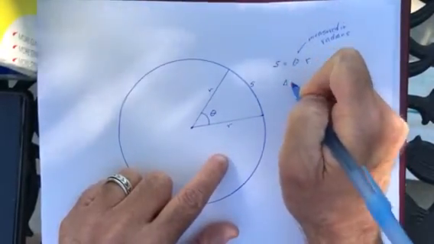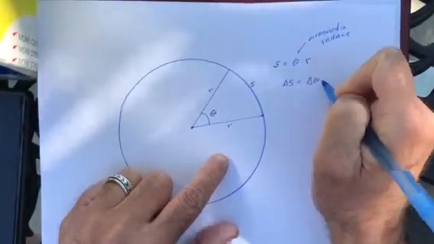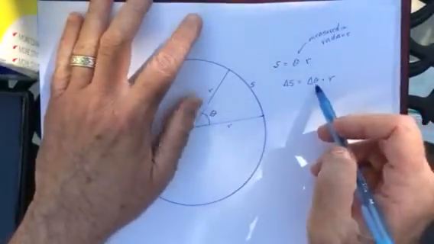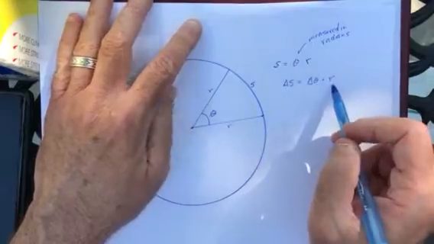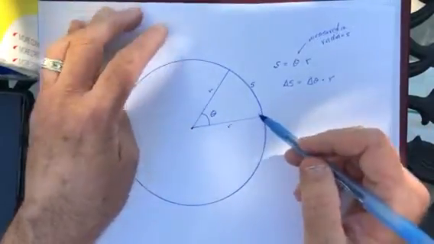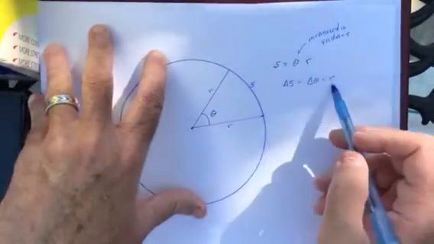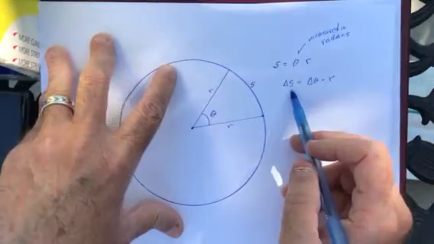We could say that delta S is equal to delta theta multiplied by r, the radius. Now you'll notice I didn't write a delta next to the r, and the reason is because r is not changing. As long as the object is moving in a circular path, the radius isn't changing. However, the angle is, and the arc length is.